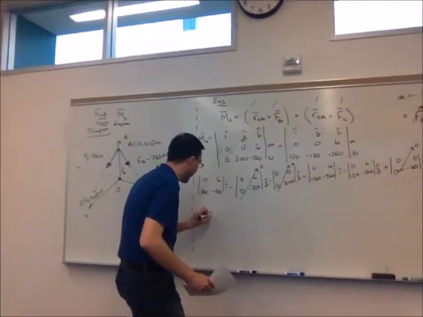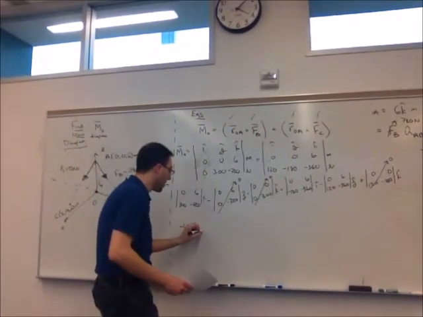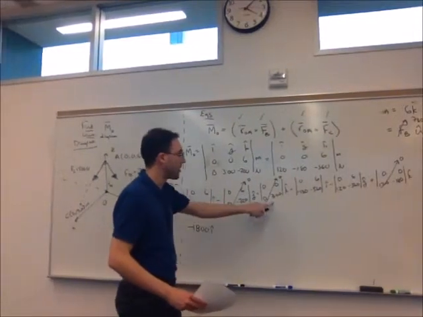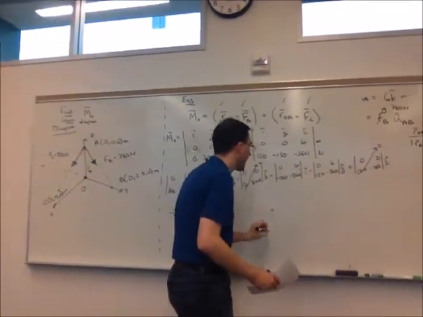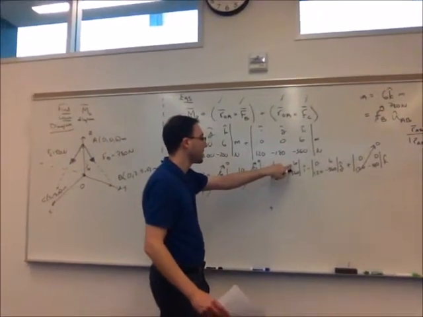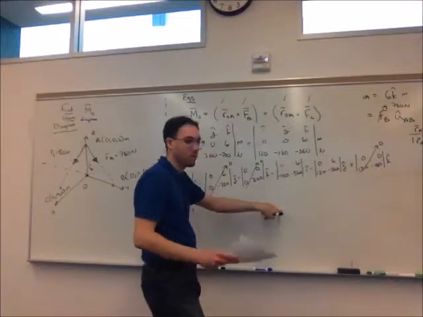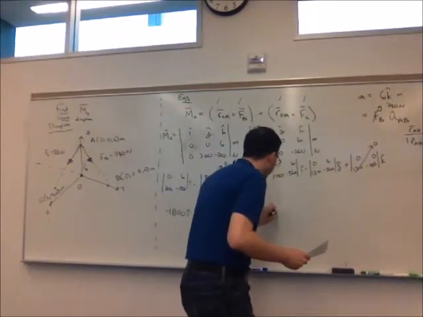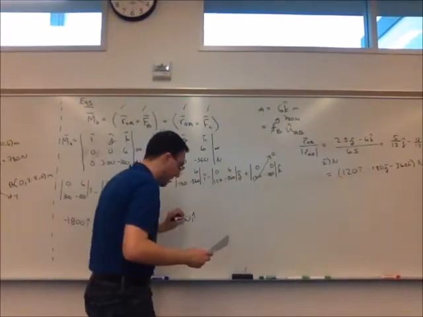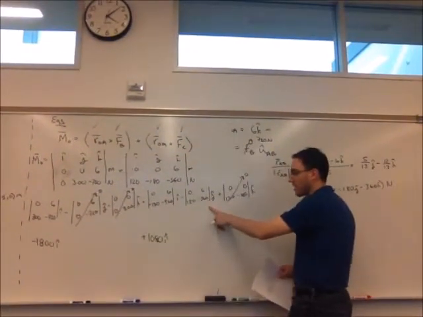Right, so negative 1800. So 0 minus 6 times 300, and that's i. That's 0, that's 0. Here we'll have another i term. So this is going to be 0 minus negative 180 times 6. So what do we get here? 1080. Right, positive 1080 i hat. And then this j term is non-zero.